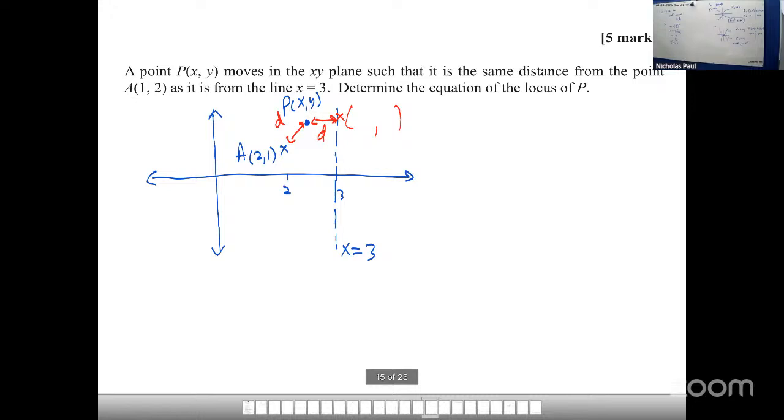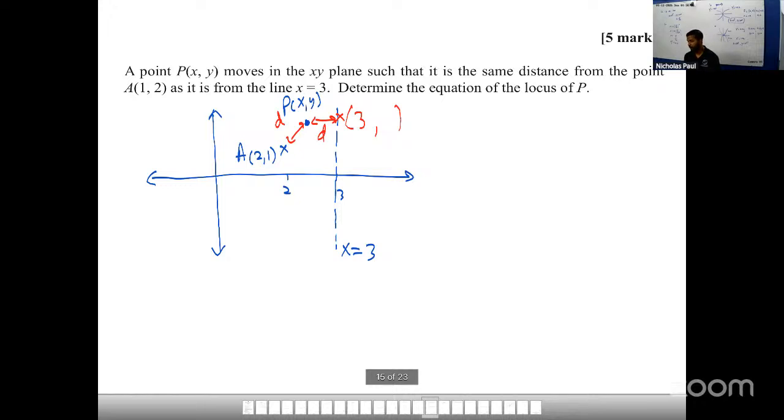So the point we use then for the first distance is A and P, right? What are we using for the line x equal to 3? And we know the x value. The x value is always 3, right? What would the y value be?